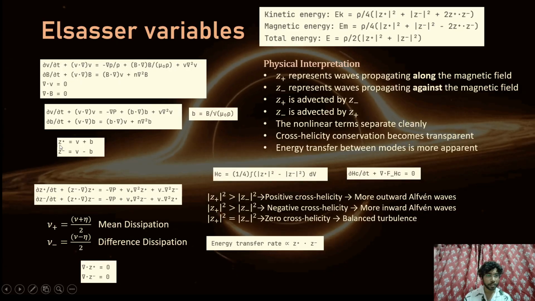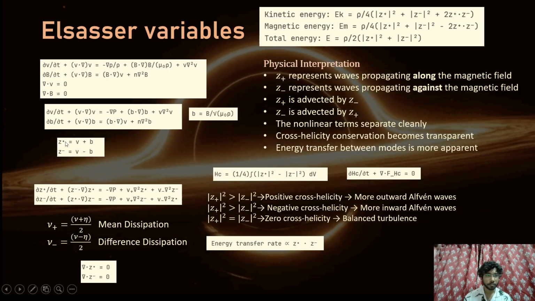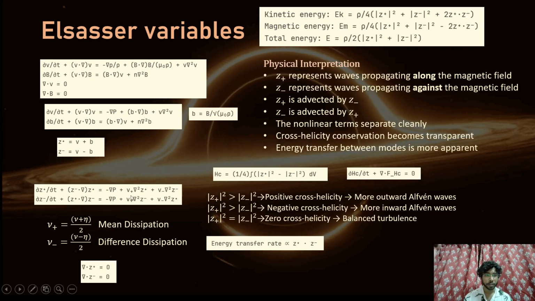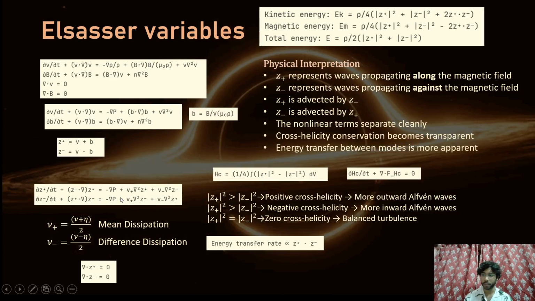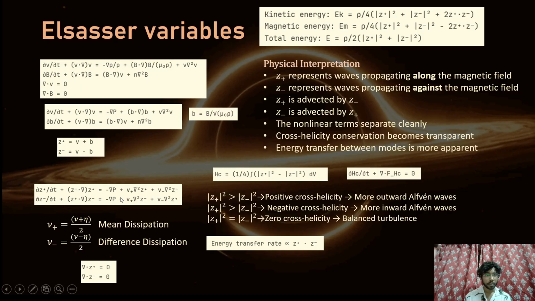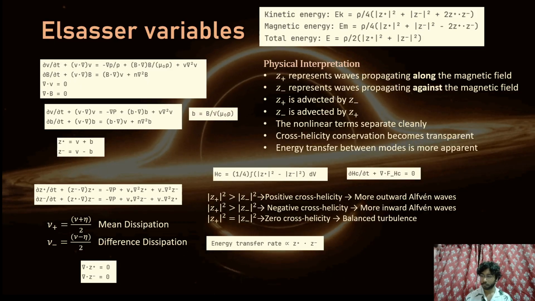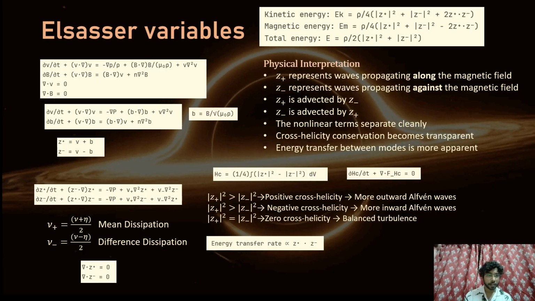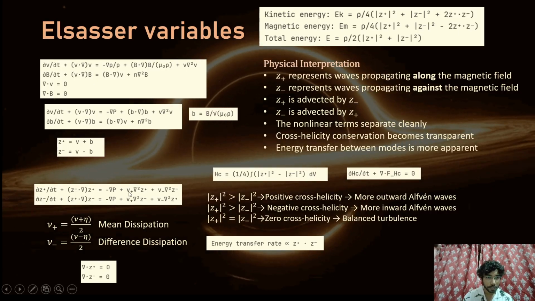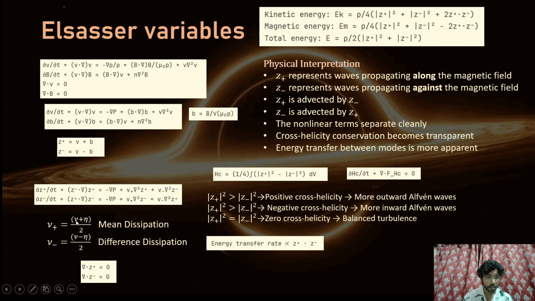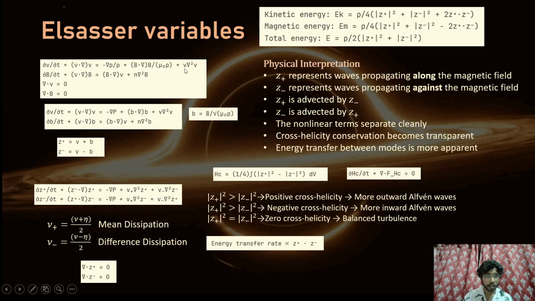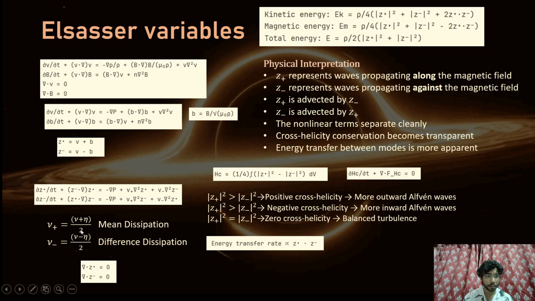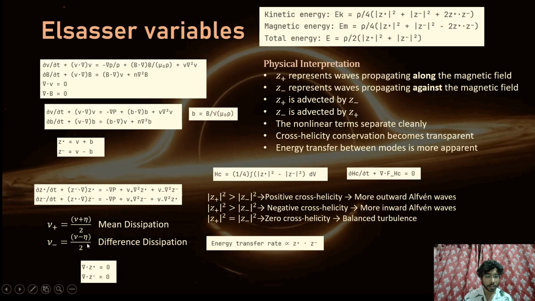If you put this transformation into this equation, we arrive at this equation. Basically, nu plus is nu plus eta by 2, and nu minus is nu minus eta by 2.